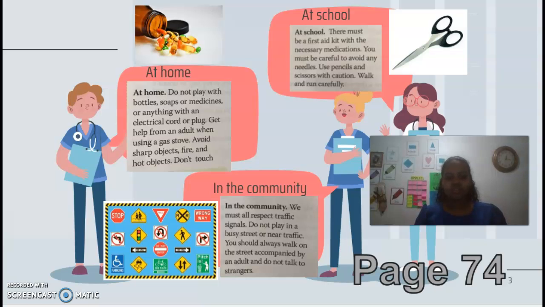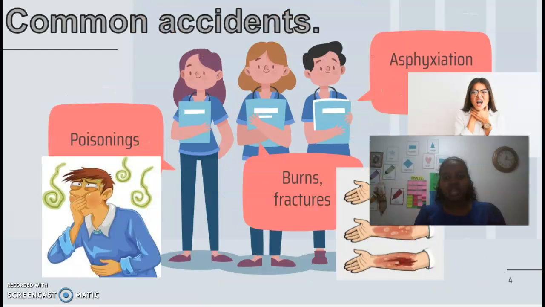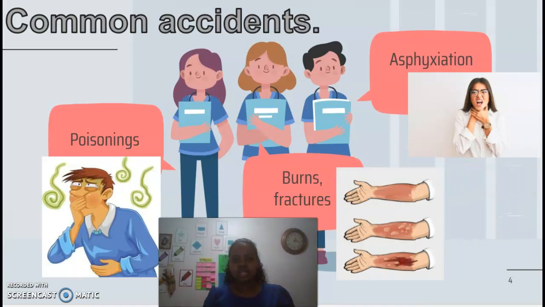Yesterday also, we learned about which are the most common accidents. Which ones are the most common accidents? Poisonings, burns or fractures, and asphyxiation. So those are the common accidents that can happen when you are not expecting the accident.